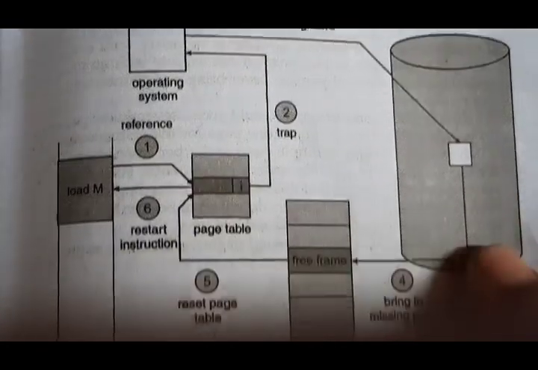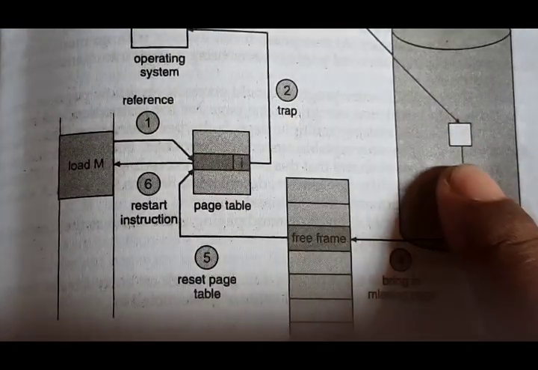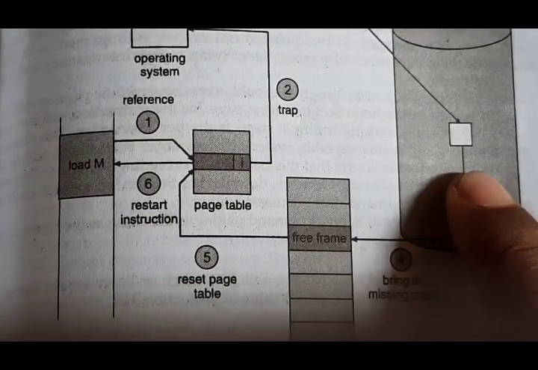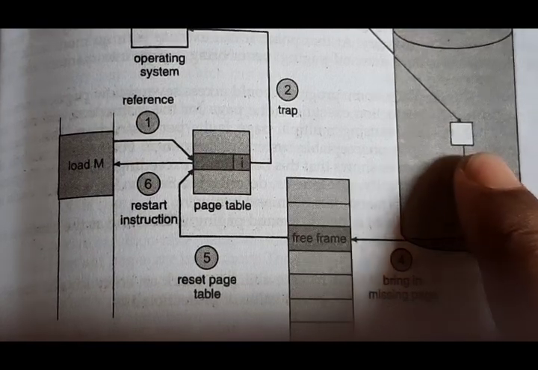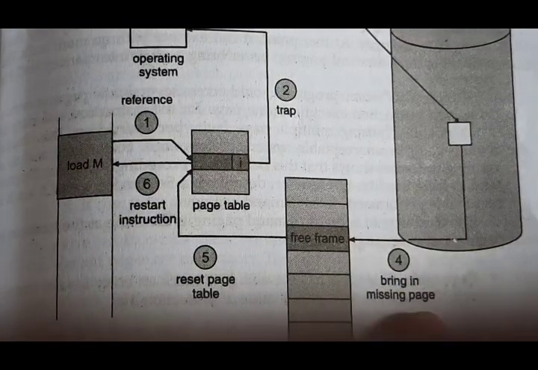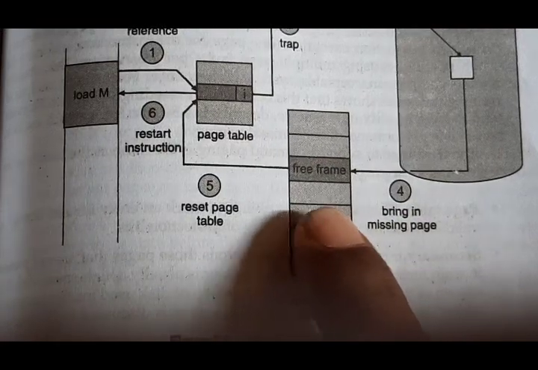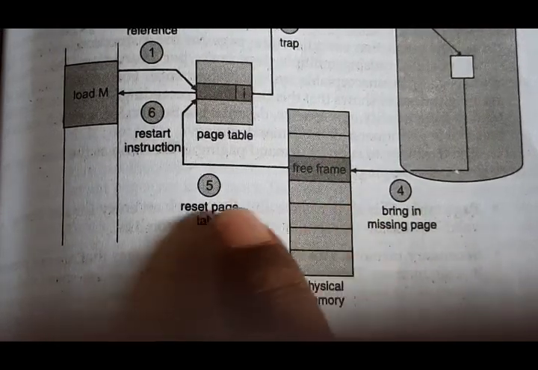Then it goes to disk, the secondary memory, where the pages are stored. Those pages are transferred to main memory. Then, after that, reset the page table.